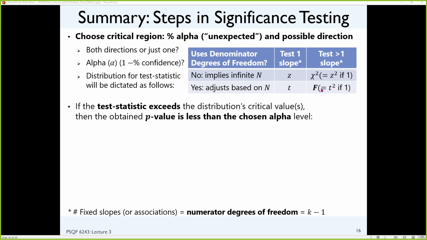From this point forward, though, we will have more than one slope in all of our models. And so to ask about their contribution jointly, we need f. And if you're like, I have enough people, it doesn't matter, then f becomes chi-square.